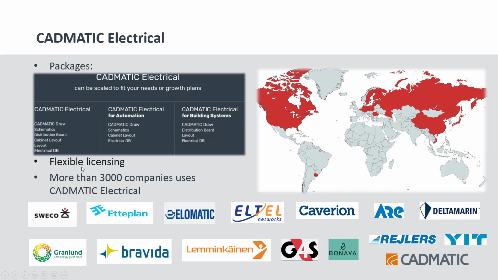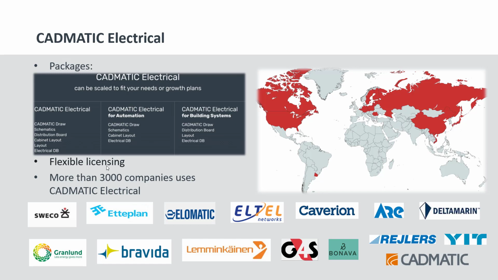The licensing options are very flexible. We have standalone, permanent licenses. We have subscription licenses available. We even have network licenses available. For permanent licenses, the user can rent licenses if there is a need.